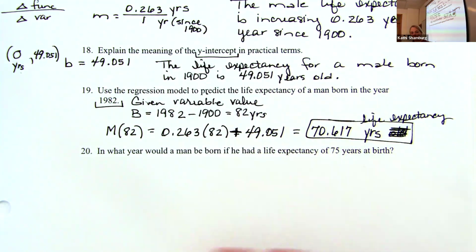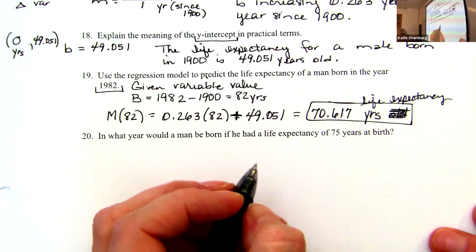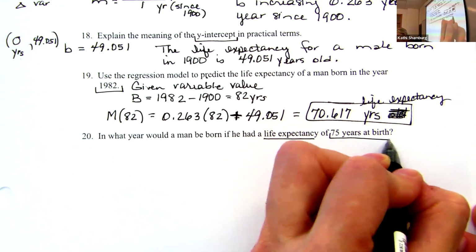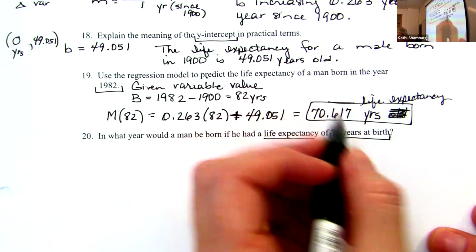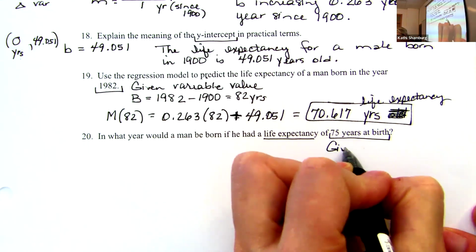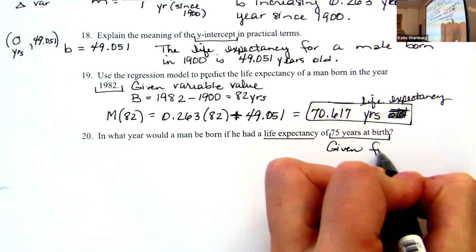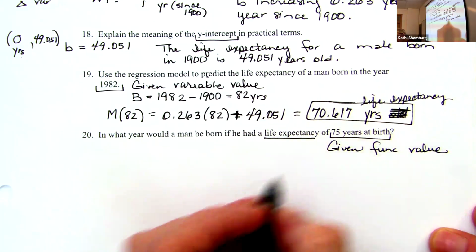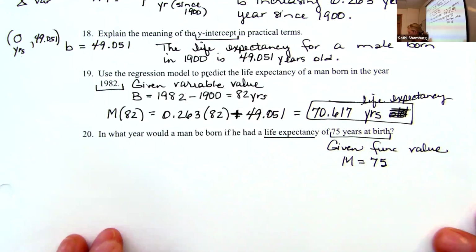In what year would a man be born if he had a life expectancy of 75 years at birth? So pay attention to life expectancy. Life expectancy goes with what? Function or variable? All right, so my function is M, and they're telling me M equals 75 years old.